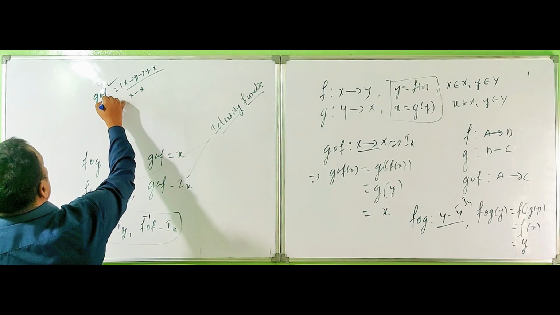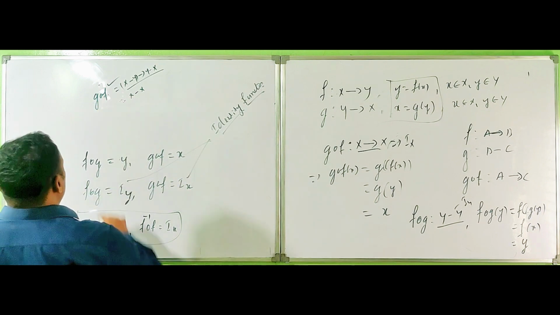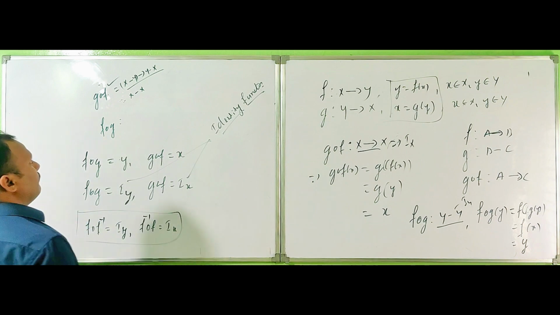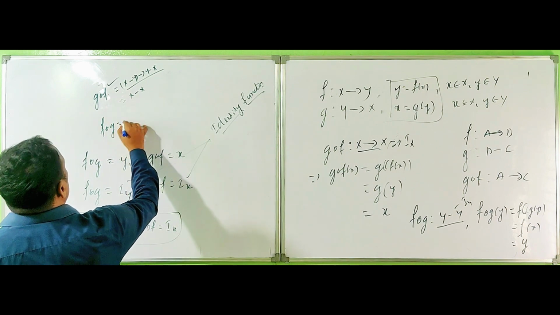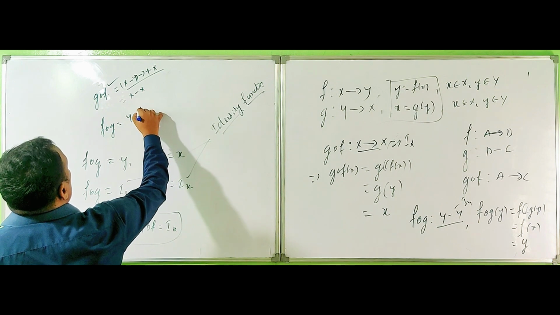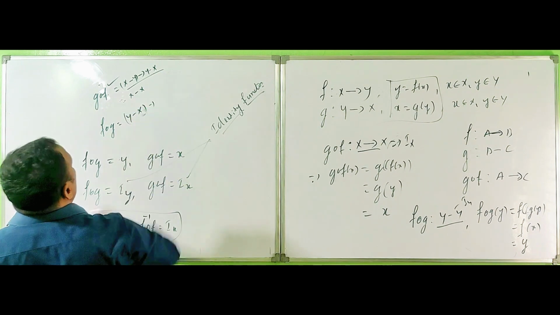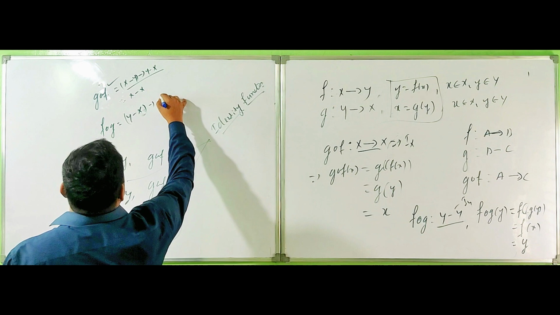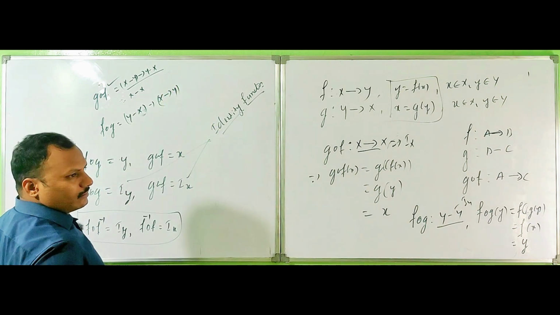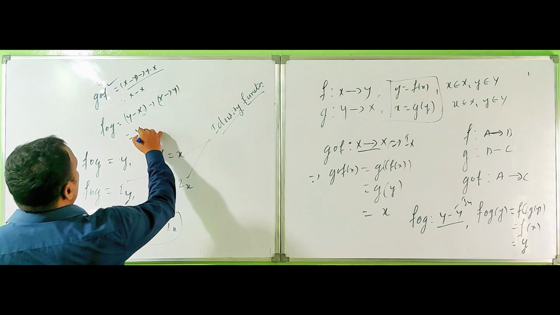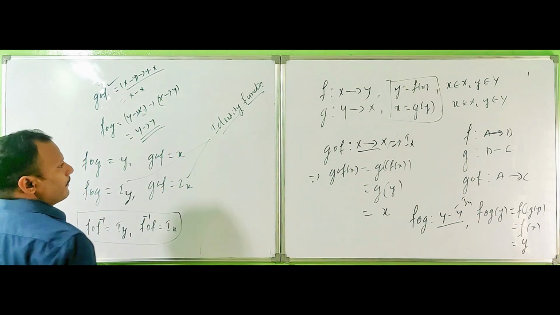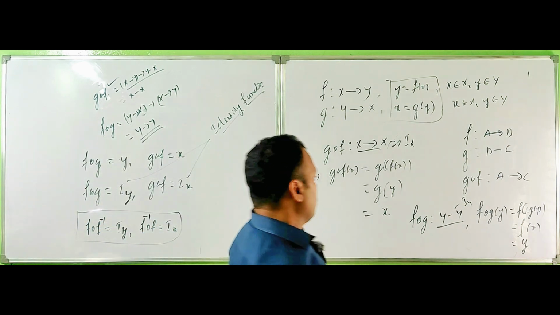And f of g is a function defined from y to x, then x to y. So this becomes y to y. Very important.